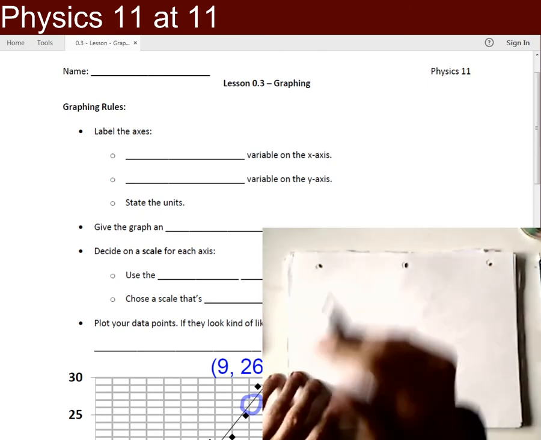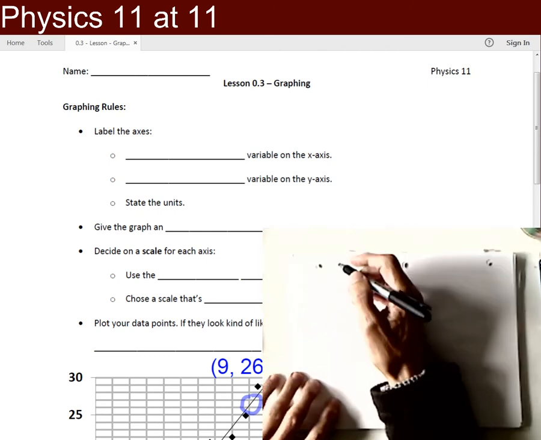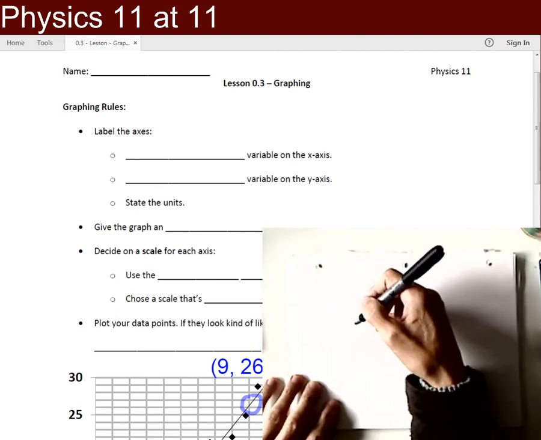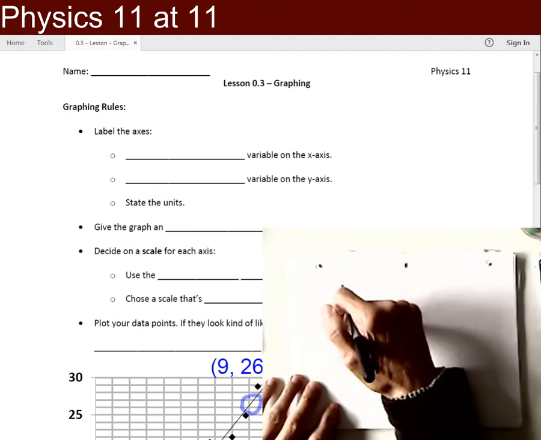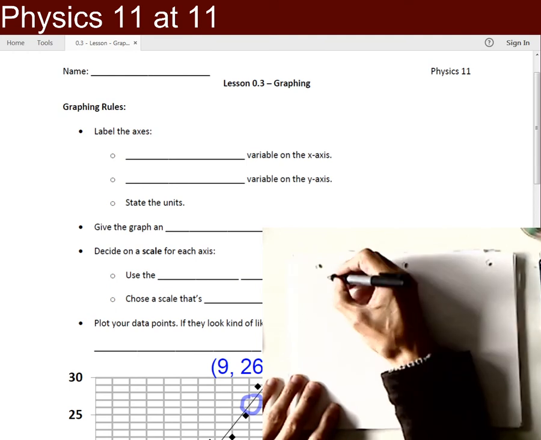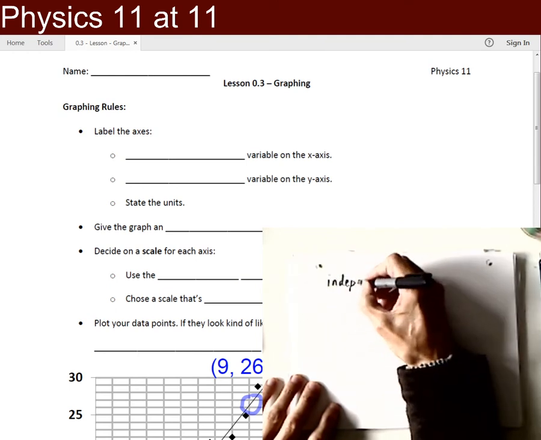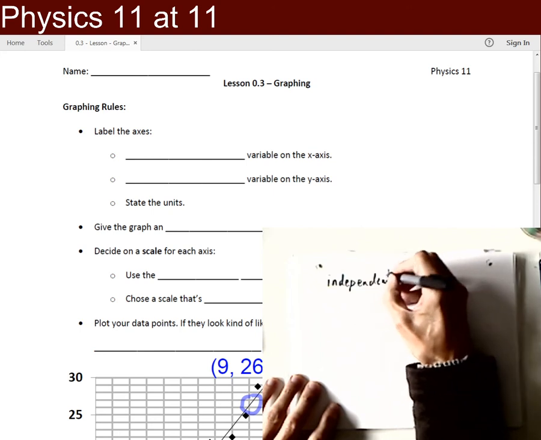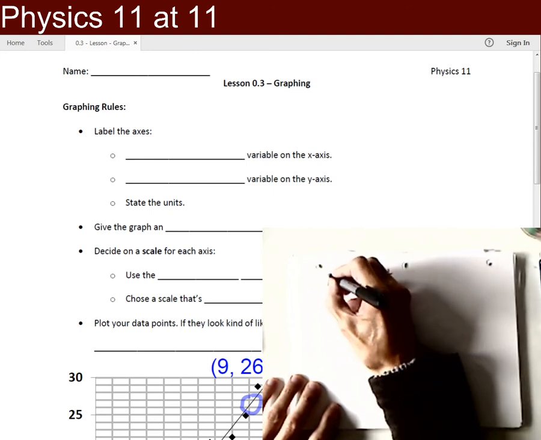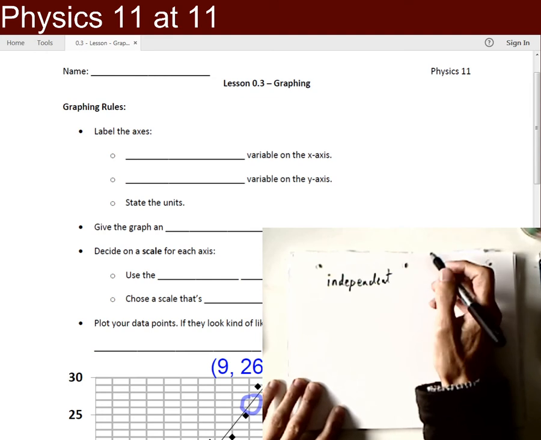So, going from the top, we got graphing rules, labeling the axes. On the graph, you have the x and y axis. The x-axis is usually the independent variable, just like you heard in science class back in the day.